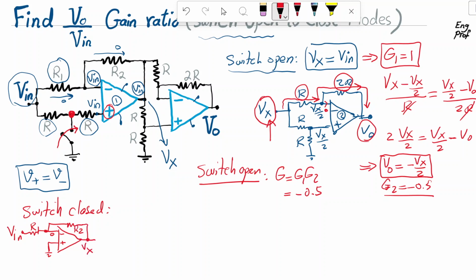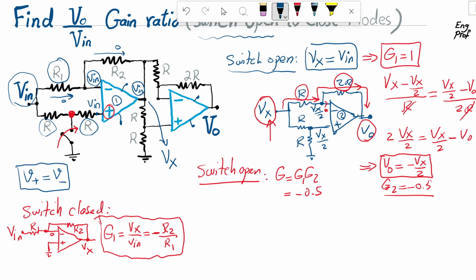So in that scenario, for op amp number 1, it's a standard inverting amplifier, and we know that the gain of op amp 1, the voltage gain of op amp 1, which is Vx over Vn, is simply negative R2 over R1. So that is the gain of op amp number 1 in this case.